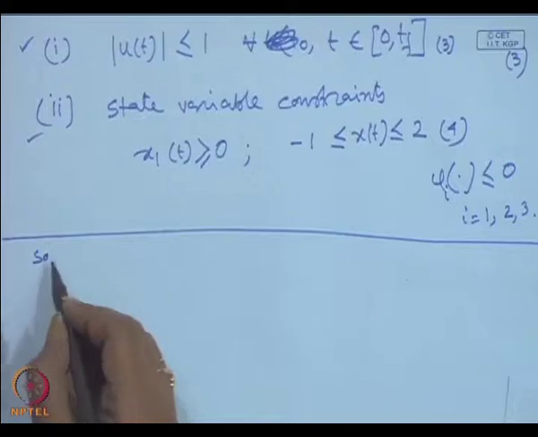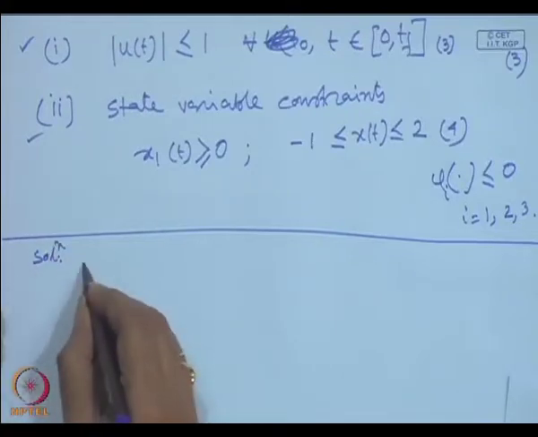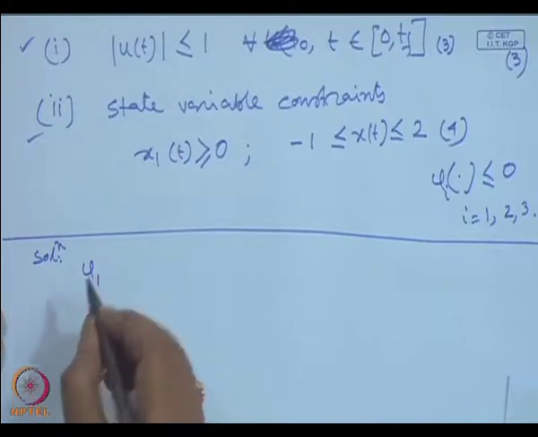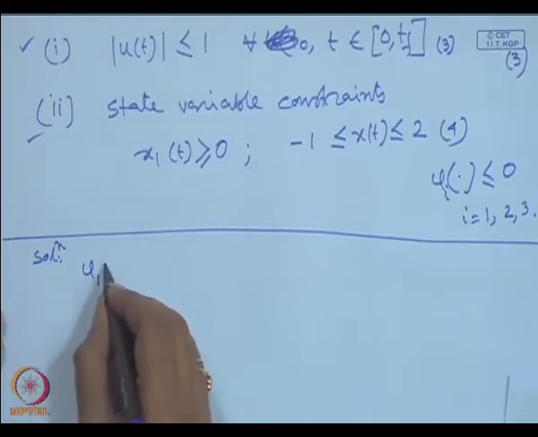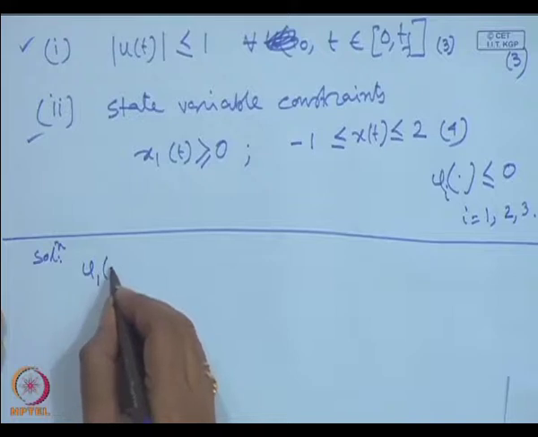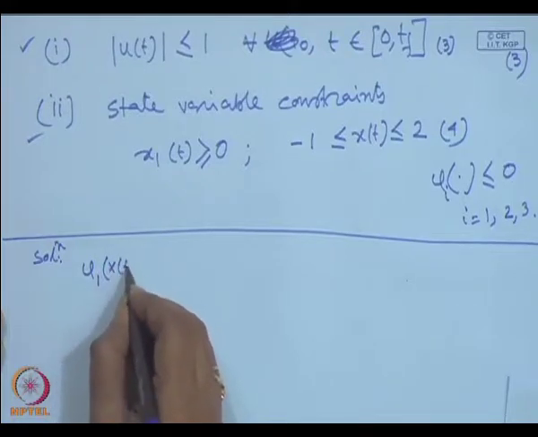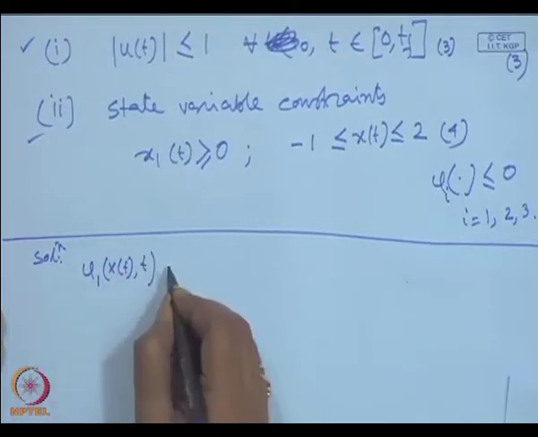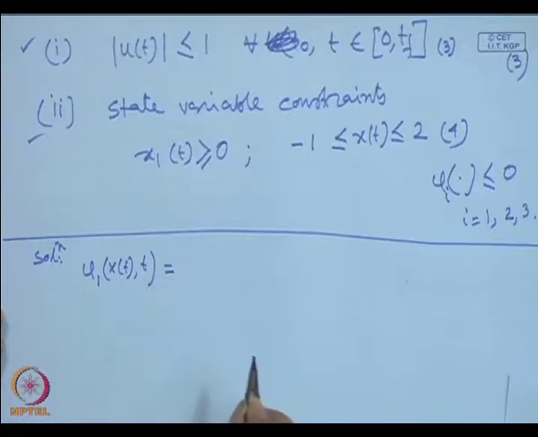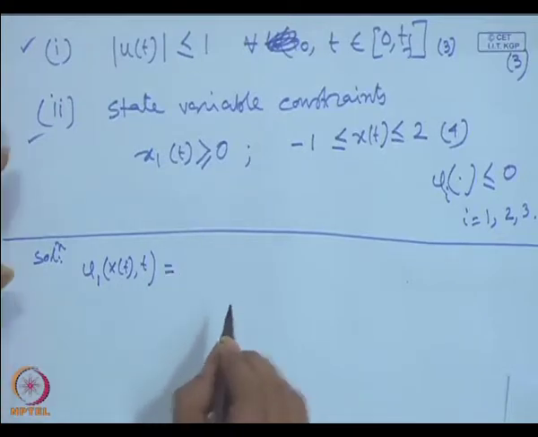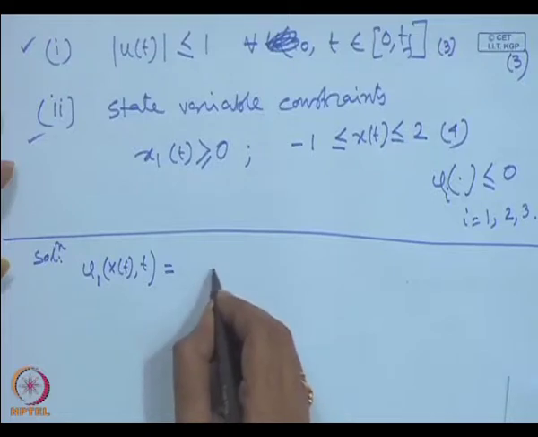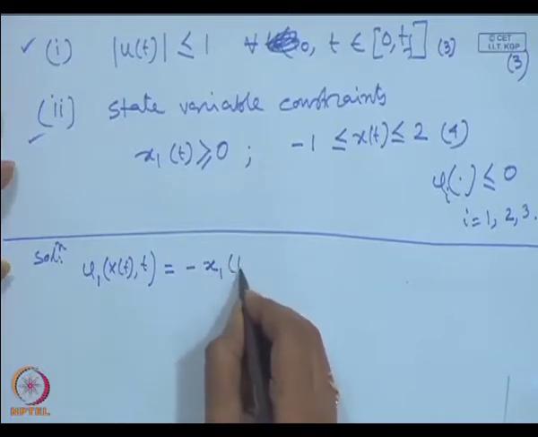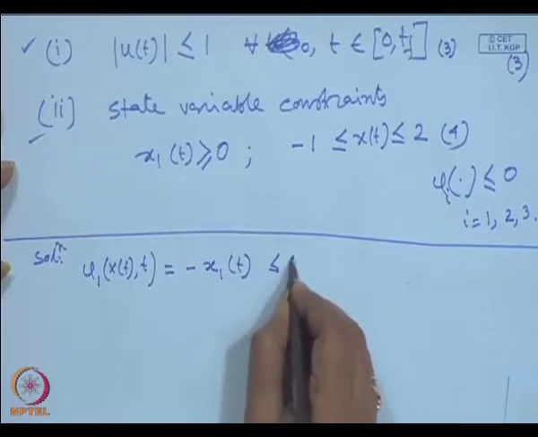Psi 1 of x of t is nothing but minus x 1 of t, which is less than or equal to 0.